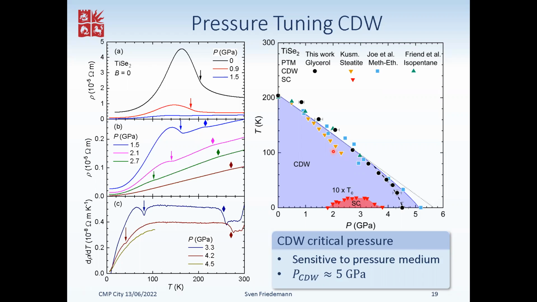So of course, it's not a very controlled way, and it's very difficult to do this in a controlled way. That you've got a uniform uniaxial pressure is extremely difficult to establish. So that washes out signatures, but the clear message is that uniaxial pressure suppresses the charge density wave quicker.